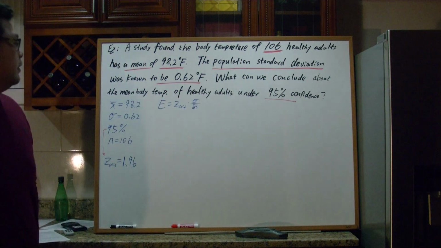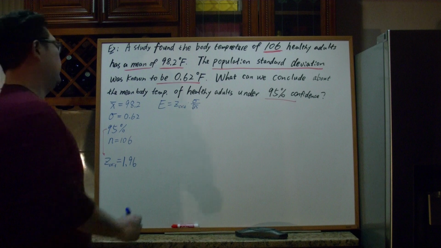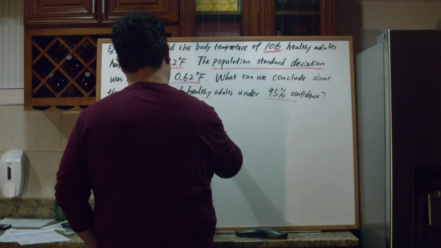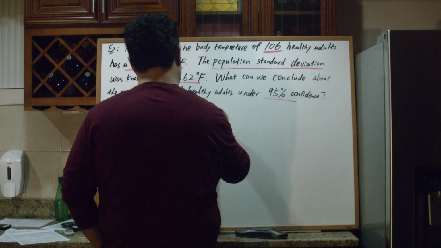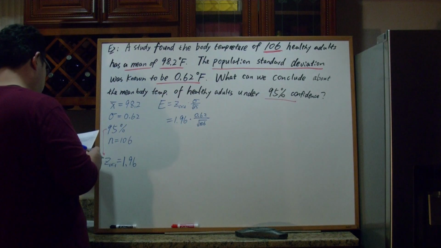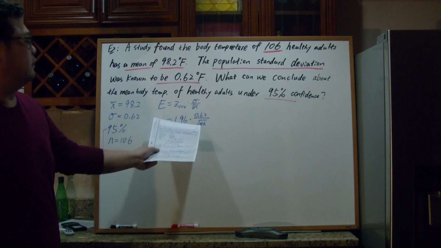The margin of error is the critical z-score times the population standard deviation over the square root of n. You can use a calculator to find this number.